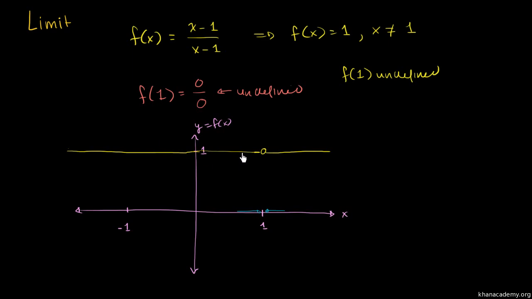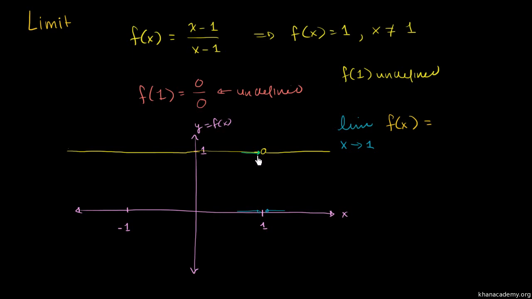Well, this entire time, what's it getting closer and closer to? On the left-hand side, no matter how close you get to 1, as long as you're not at 1, f of x is equal to 1. From the right-hand side, you get the same thing. So you could say, and we'll get more familiar with this idea as we do more examples, that the limit as x approaches 1 of f of x is equal to 1, as we can get infinitely close to 1, as long as we're not at 1.